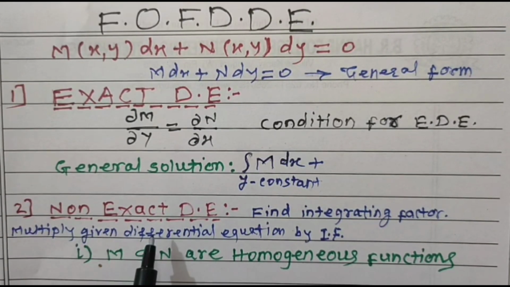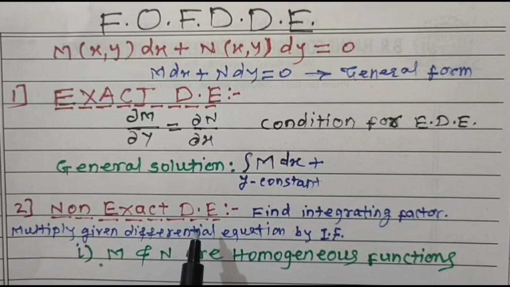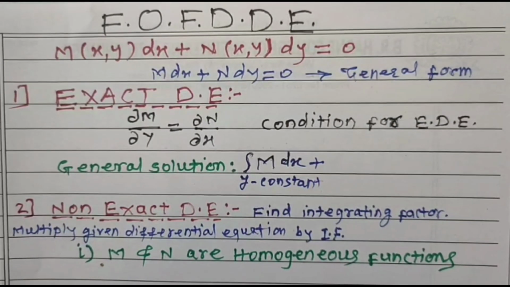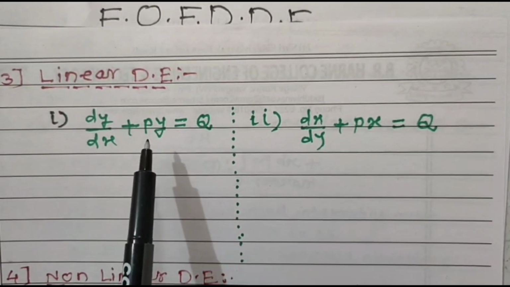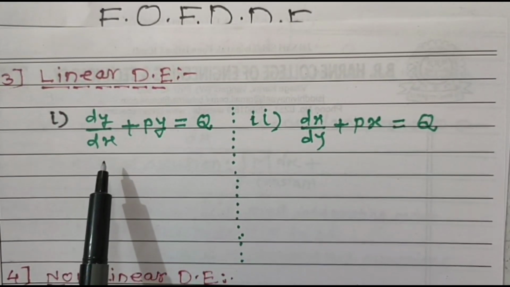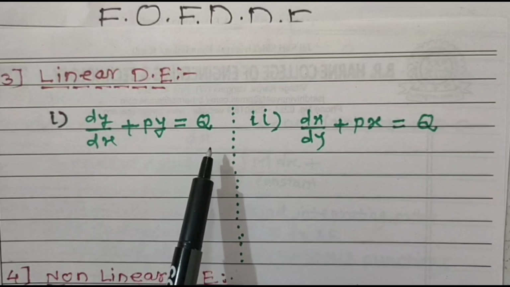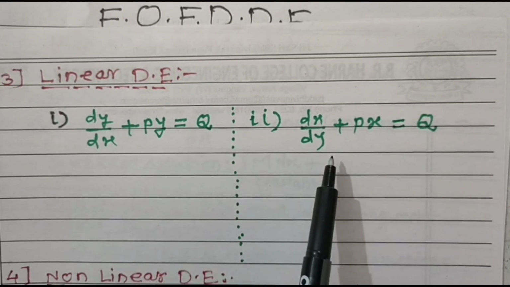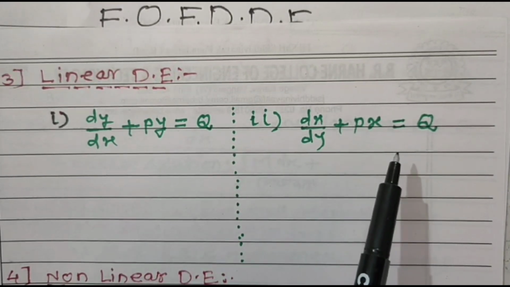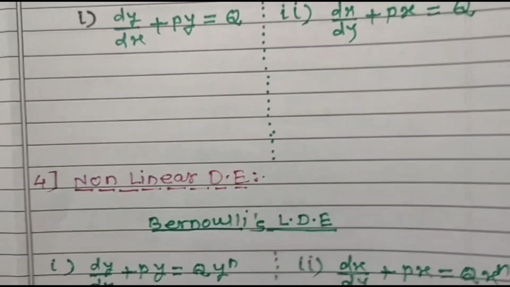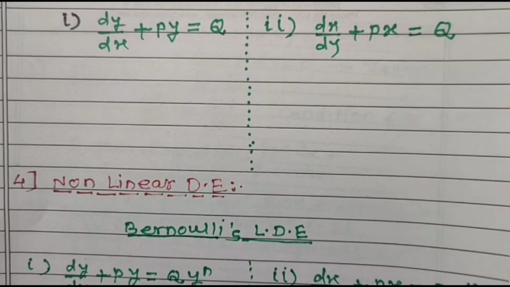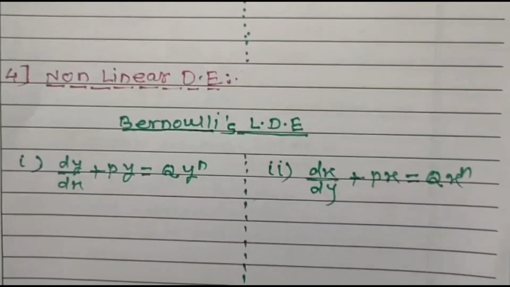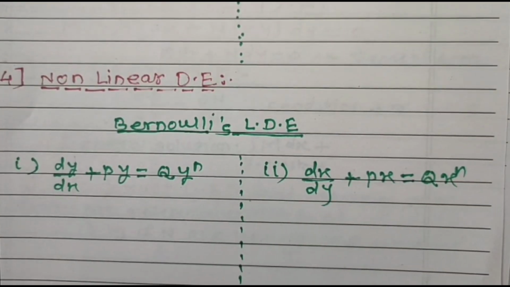Then the third type is linear differential equation, and in this two more subtypes are there: dy by dx plus py is equal to q, and dx by dy plus px is equal to q. Then type number 4 is non-linear differential equation, and in this case we have to study four more subtypes.